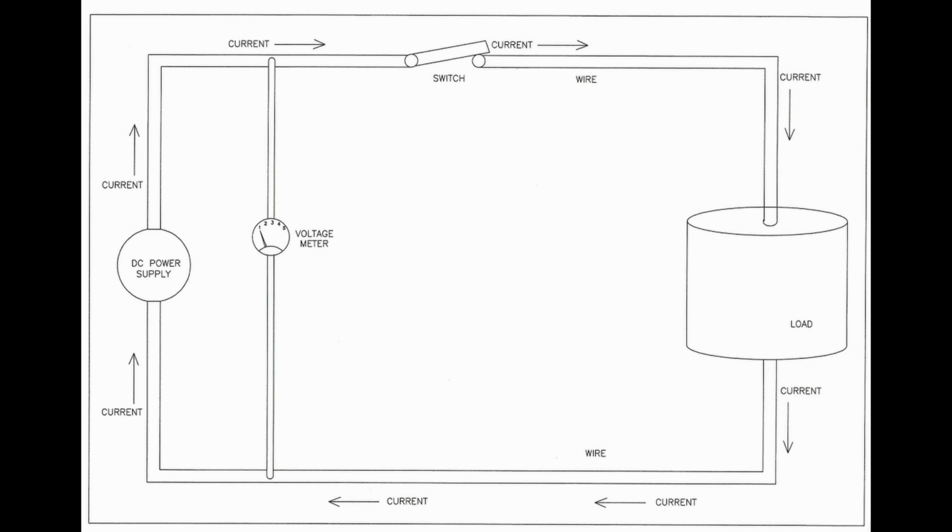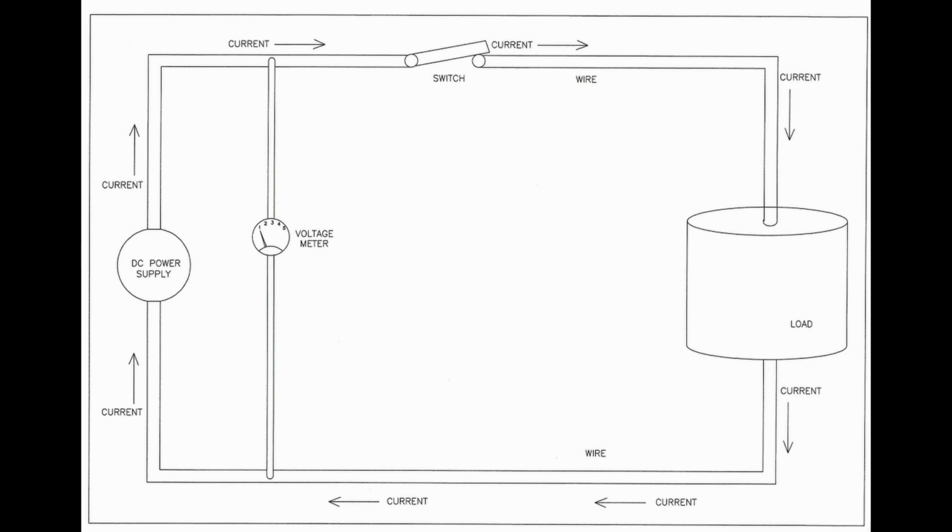In other words, it's just like the spray nozzle. It's where it uses up all the pressure. So when the current comes out the bottom of the load, it has no pressure. Therefore, it is no voltage, so there's zero voltage potential from after the load back to the DC power supply.